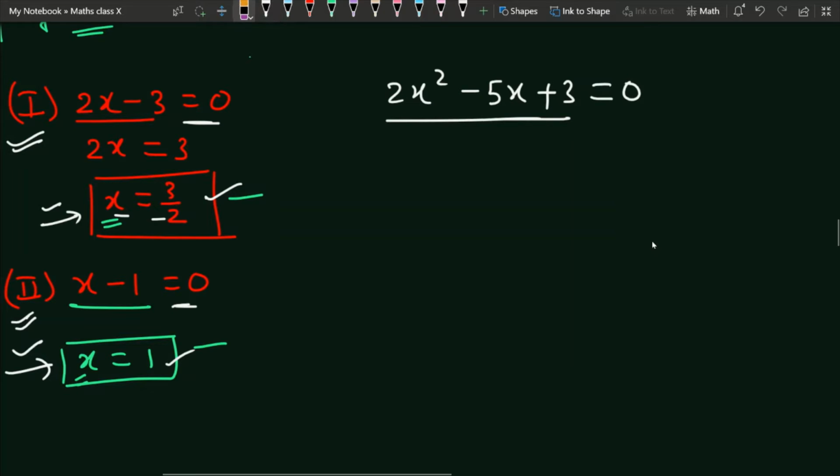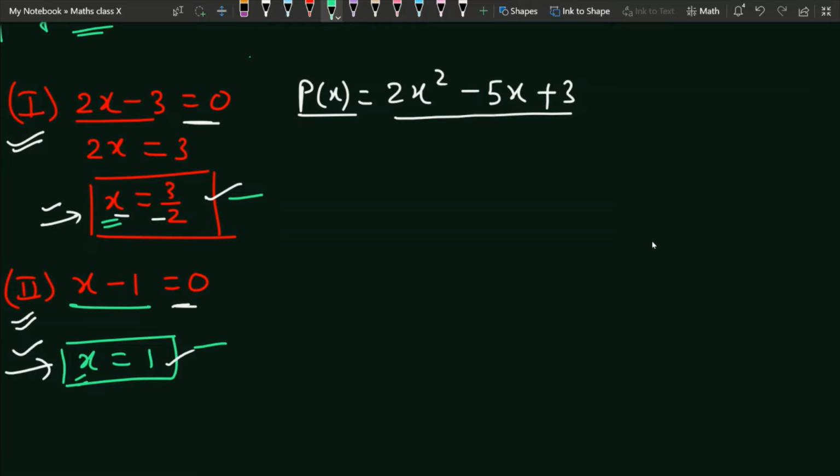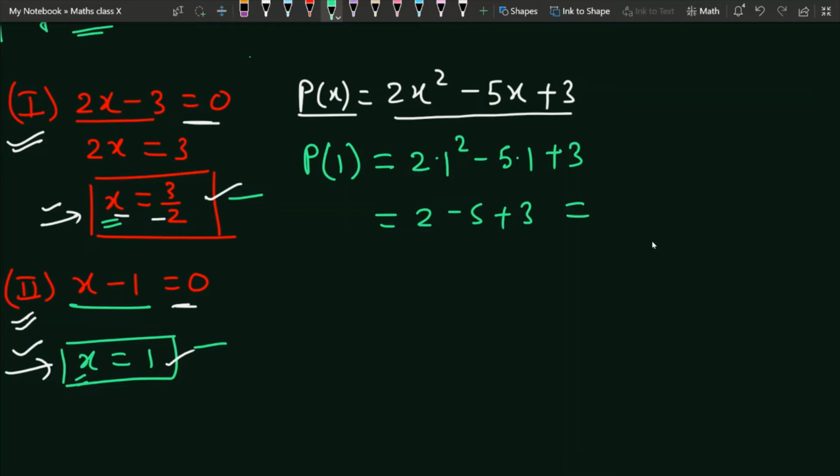Now what happens? Try to recall the concepts you learned in class 9th. Let us say this is a polynomial p(x). p(x) is equal to 2x square minus 5x plus 3. By putting the value of x as 1, suppose this is the first solution, if we calculate p(1), we get 2 into 1 square minus 5 into 1 plus 3, or 2 minus 5 plus 3, which is equal to 0.